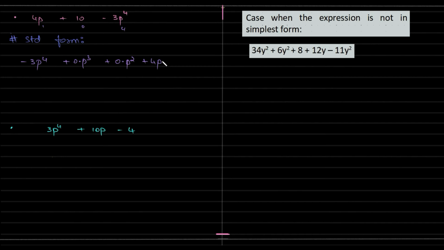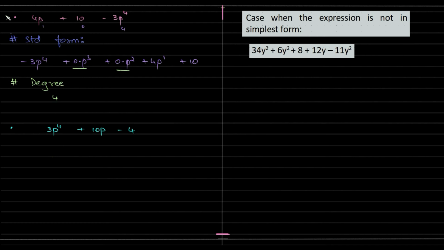Plus 4 into p to the power of 1 plus 10. Make sense? And then we have the degree, which is clearly 4. Again, please learn to add zeros as and when it's required. It will help you in this chapter and other chapters as well.